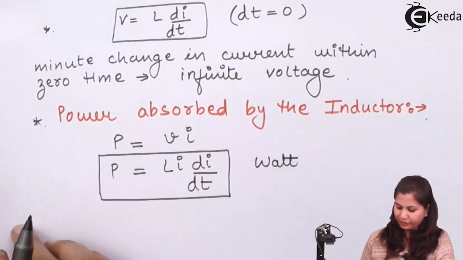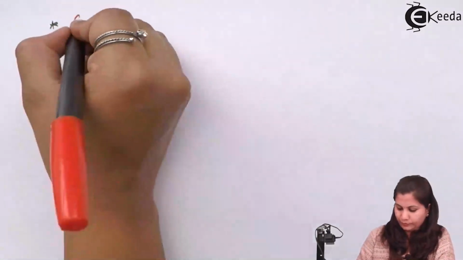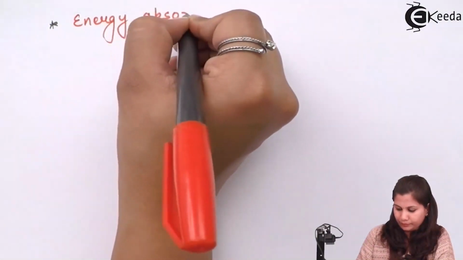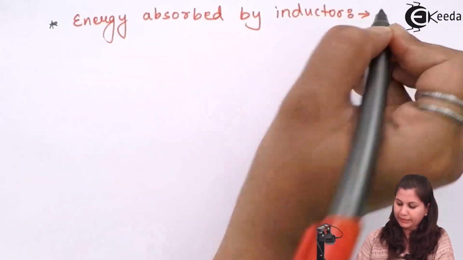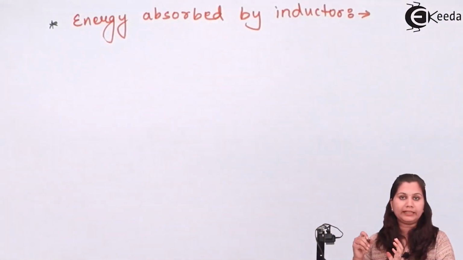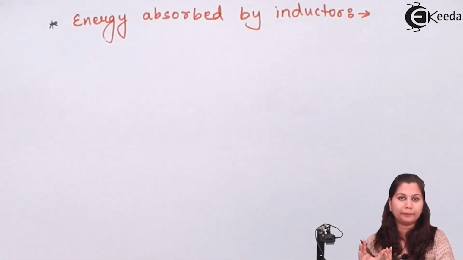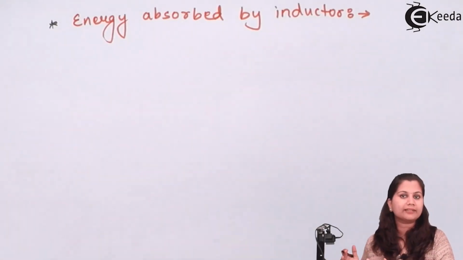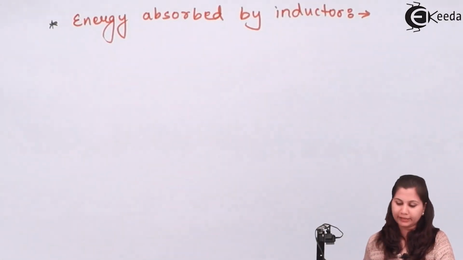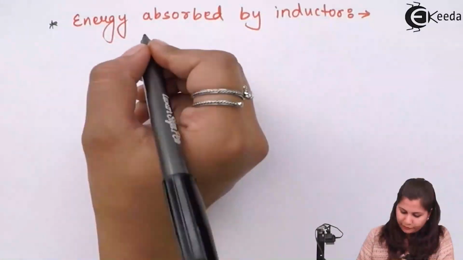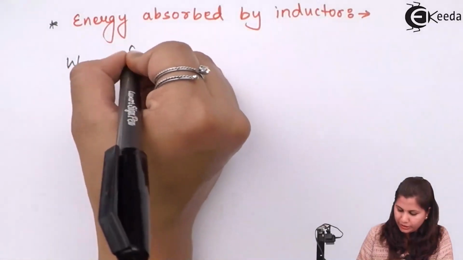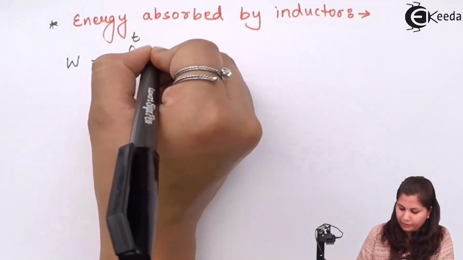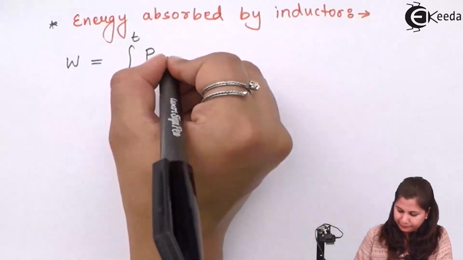Now using the power we can find out the energy also. The energy absorbed by the inductor is obtained if we integrate the power over a period of time. If we define energy by W, then W equals the integration of power from time 0 to t.